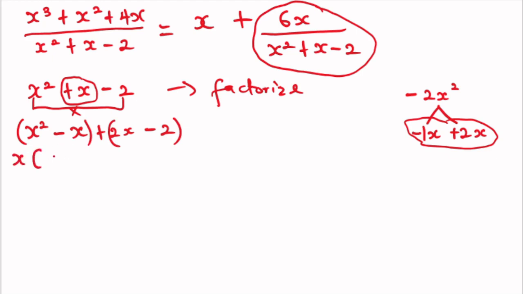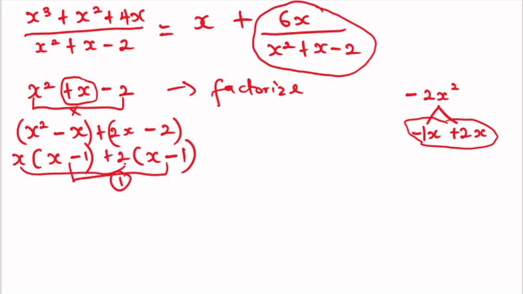When we bring it out, we are left with x minus 1. And here what is common is 2. So we have plus 2, and 2x minus 2 divided by 2 gives us x minus 1. Since we have the same thing here, we pick one and bring these two together. So we have x plus 2 and x minus 1. These are the factors after factorizing this quadratic expression.